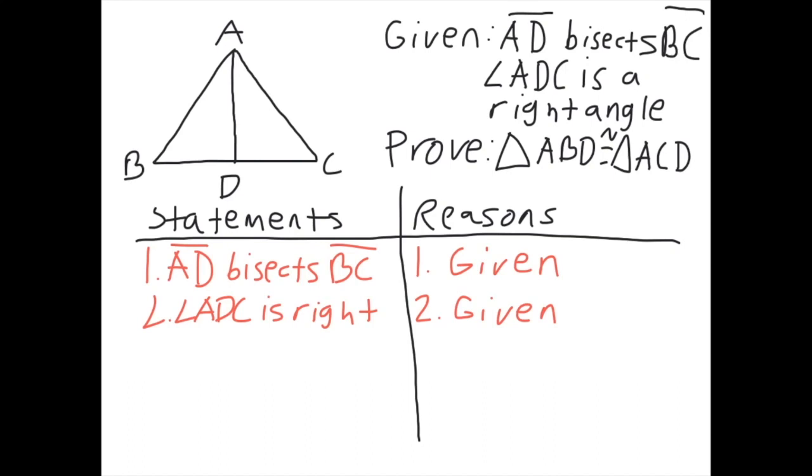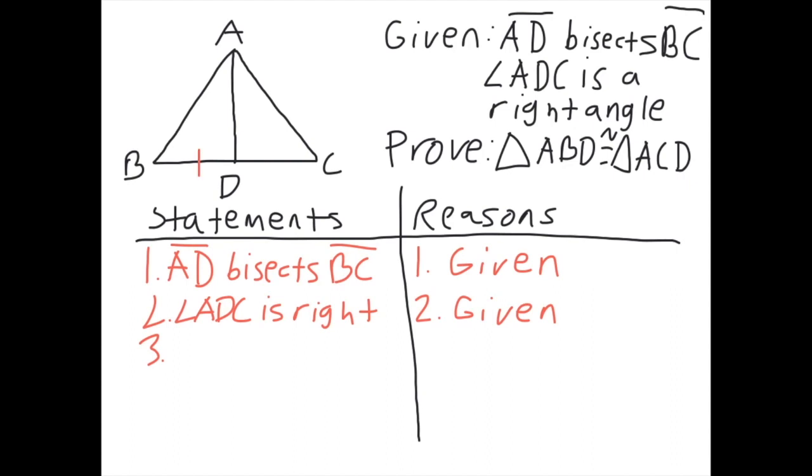So, now that we've set our givens, we're to the body of the proof. So our third thing is to pick something that will allow us to get to saying that the triangles are congruent. So the first thing that we are given is that AD bisects BC. So if AD bisects BC, that means BD and DC are congruent.